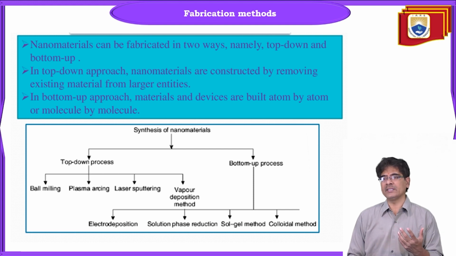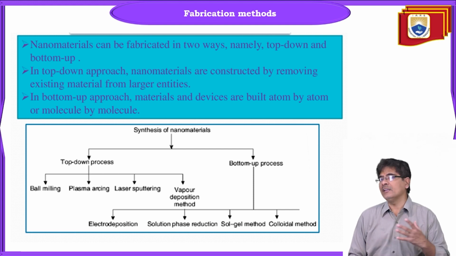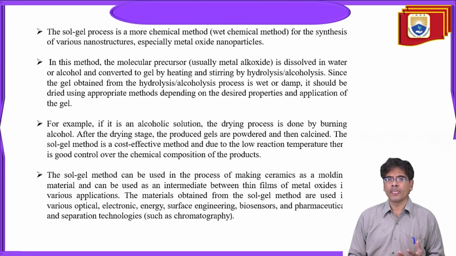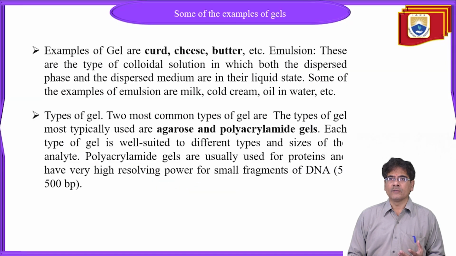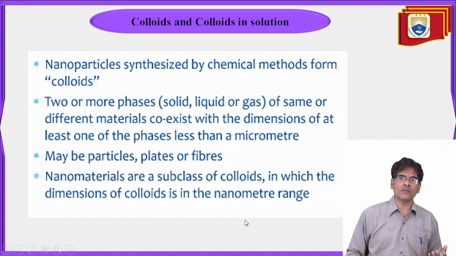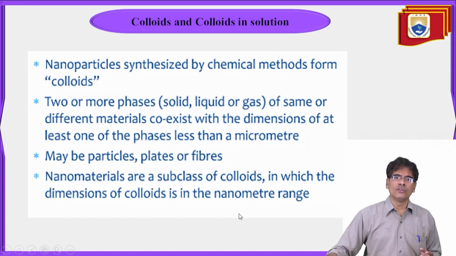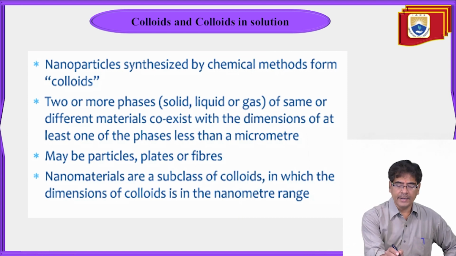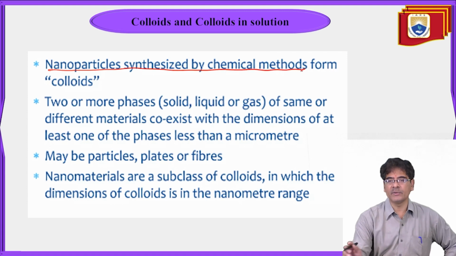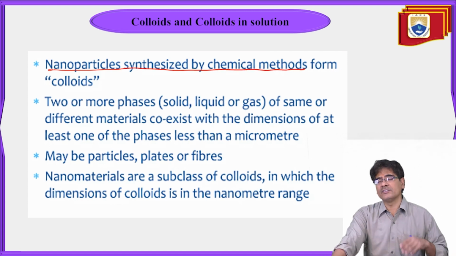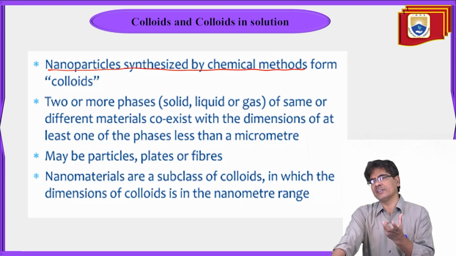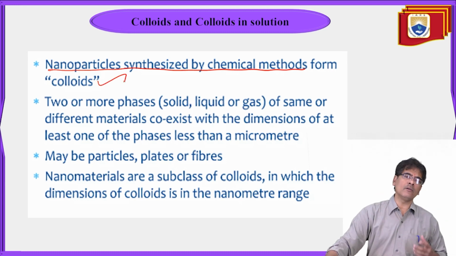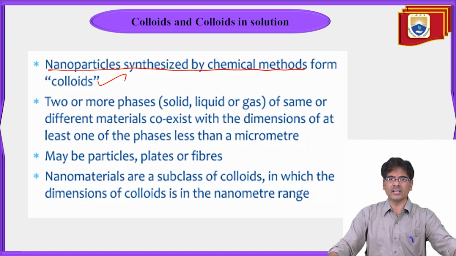The next method in which nanomaterials can be fabricated is the colloidal method, colloids in solution. Nanoparticles synthesized by chemical methods form colloids. Of course, we have the sol-gel method also, where nanoparticles can be synthesized.